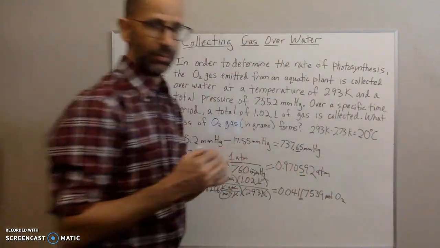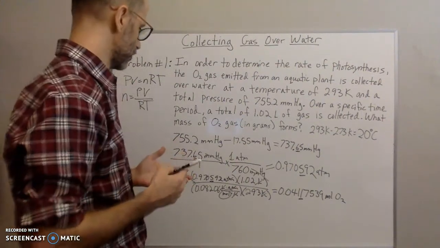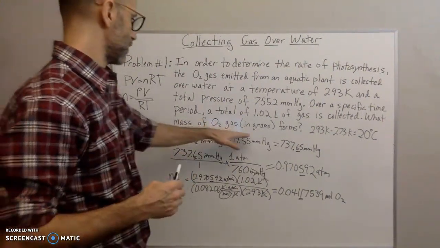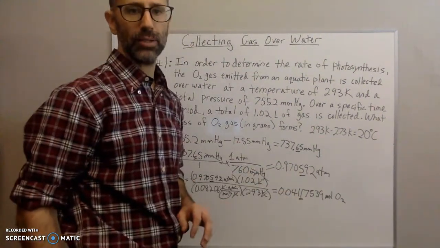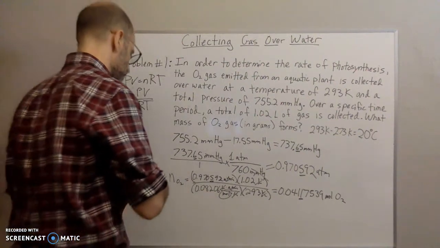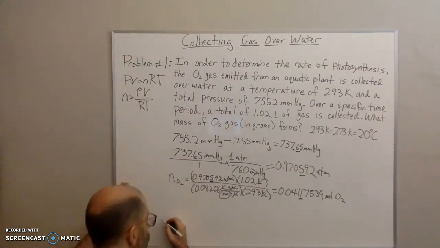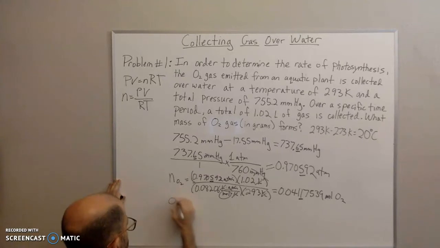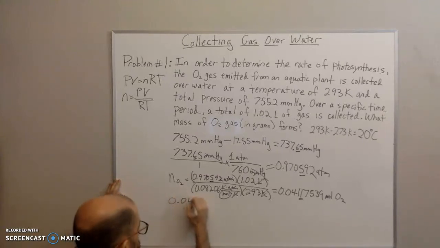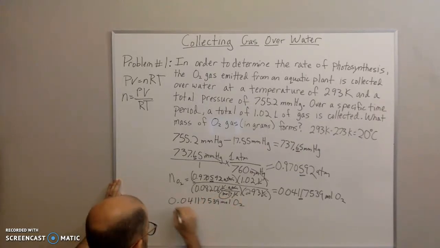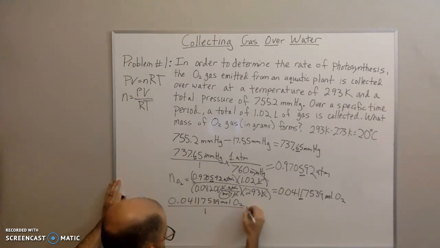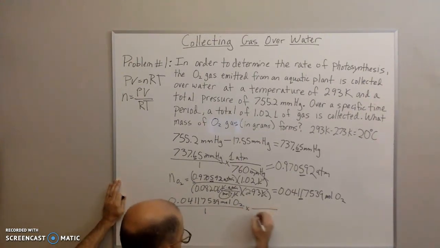of oxygen. Okay, so moles of oxygen, but they want mass in grams. So now I have to take the moles of oxygen and use the molar mass to convert to grams. So I have 0.0411759 moles of oxygen over 1. The molar mass of O2 is 16, or 32, sorry, 16 times 2.